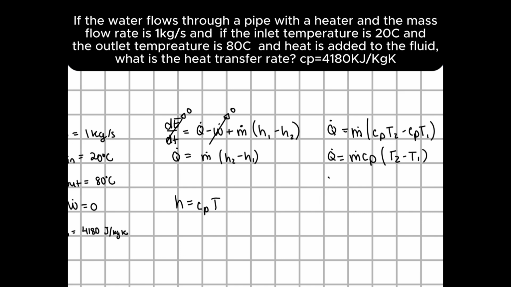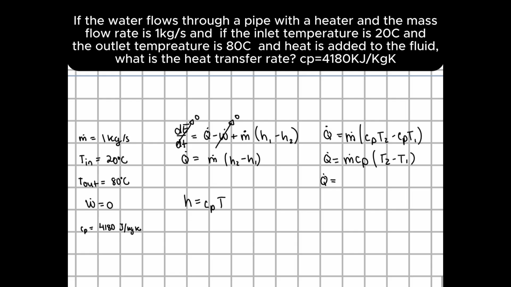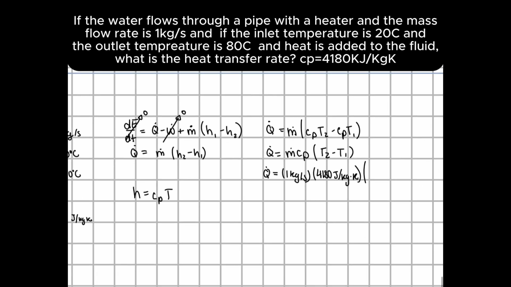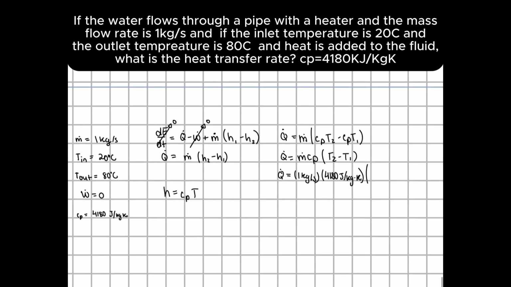Now we can plug in the values: 1 kilogram per second times 4,180 joules per kilogram Kelvin, times the temperature difference, 80 minus 20.